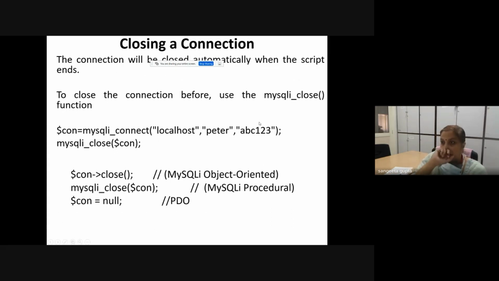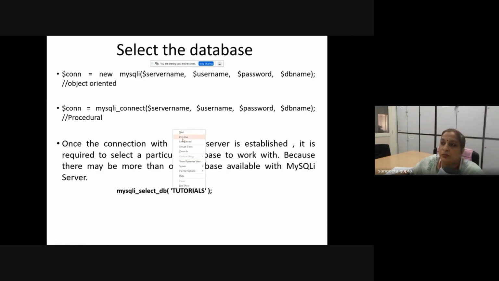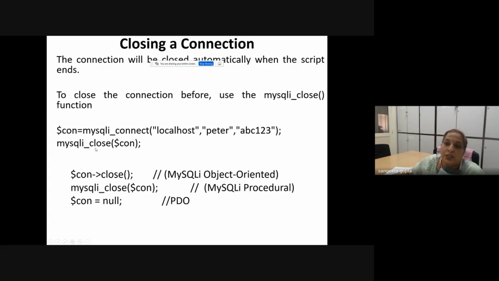Now, if I'm having only one connection in my application, when my script closes, the connection will automatically close. But suppose you want to forcefully close a connection. PHP allows this function, that is mysql_close and the connection name.